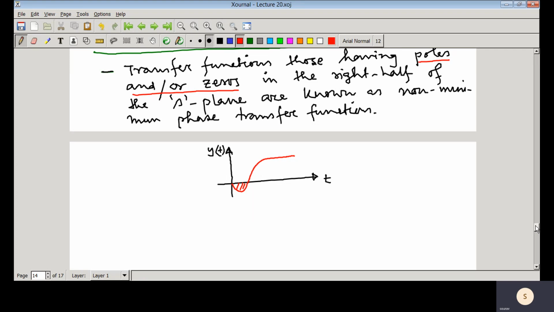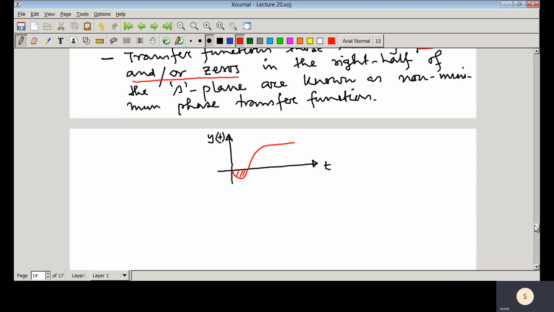That means it restricts a lot in the design. Those things will be discussed in the second part of this course: if there is a non-minimum phase zero, what type of problem you would face in designing a controller. Now we'll see why it is called a non-minimum phase system.